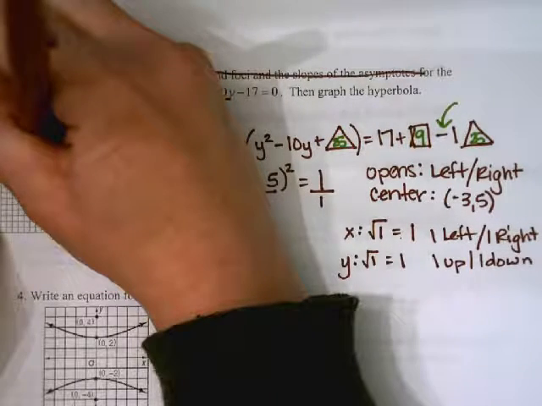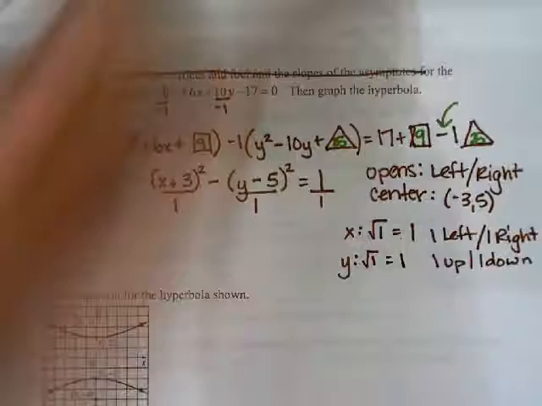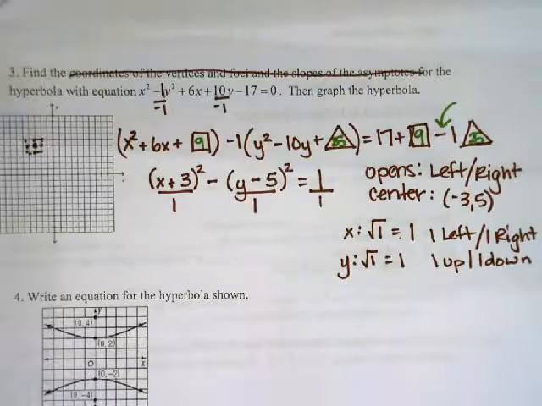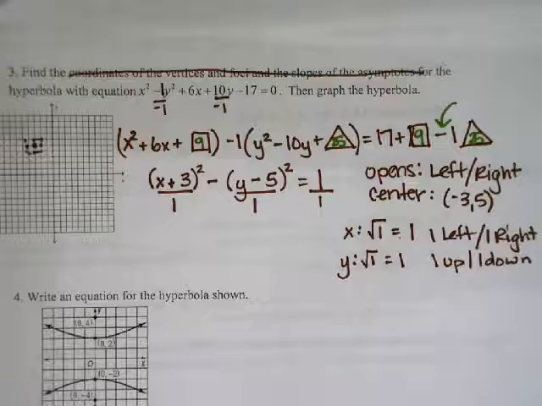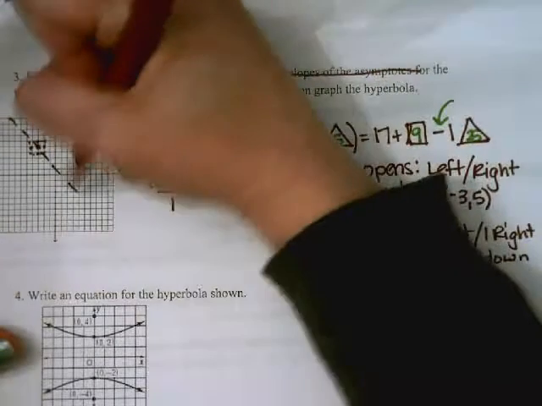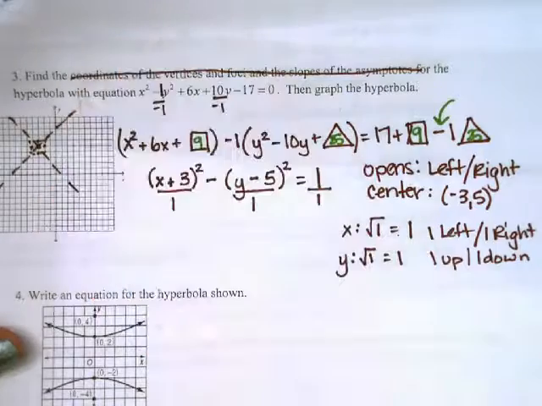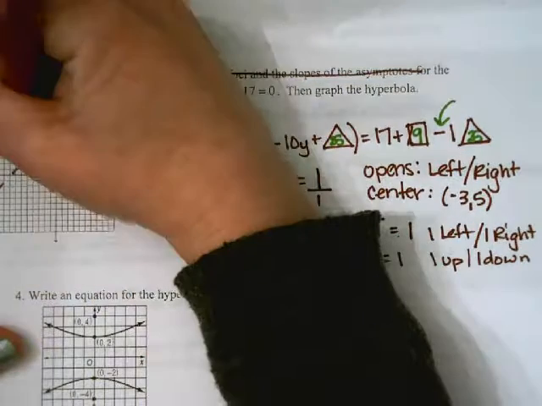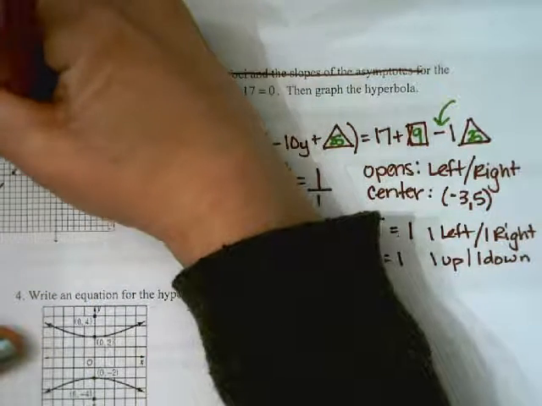Draw in a box. Sorry, it's a tiny box. Asymptotes through the corners, through the center. It's going to open to the left and to the right.